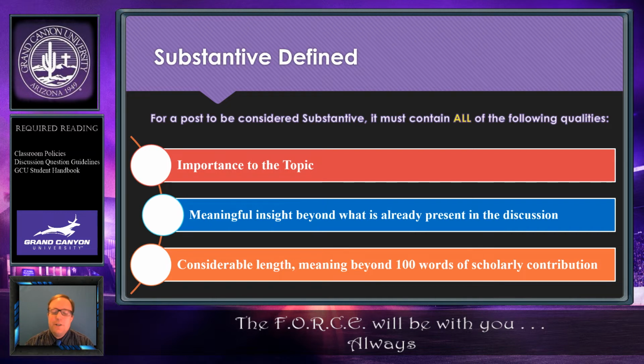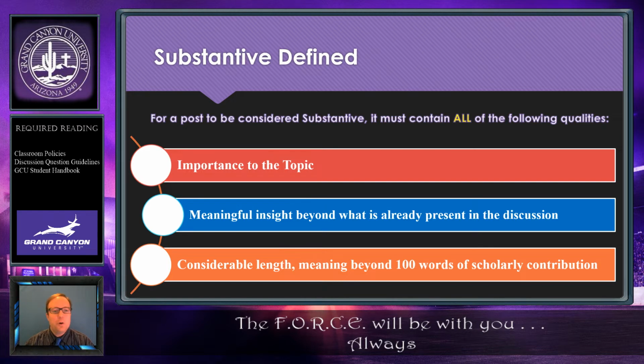It's very disappointing to me when I can't mark a post that's 70 words long, but everything else, it is important to the topic and it's meaningful insight. But one thing I have to do as your course instructor is hold you accountable for the different expectations of the online class. And so since we're not in a classroom 4 hours a week interacting and talking about these topics, this is the only interaction that I have.